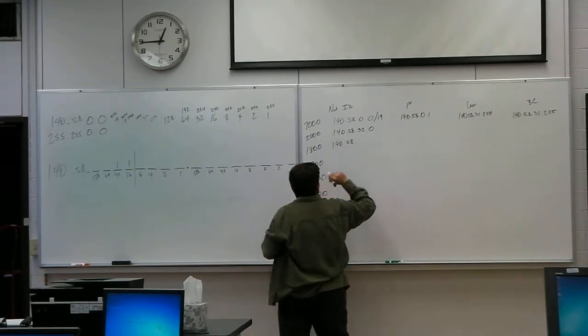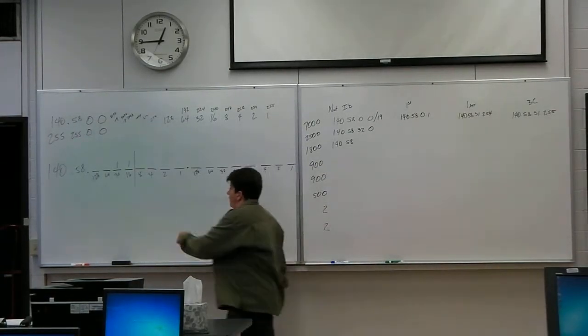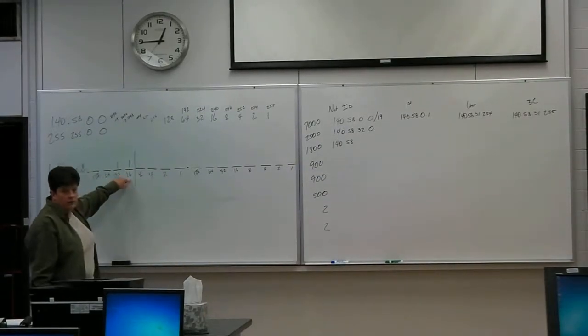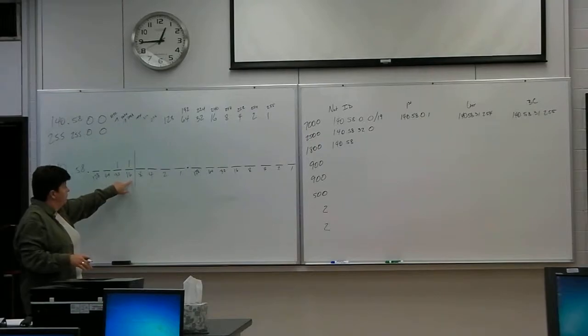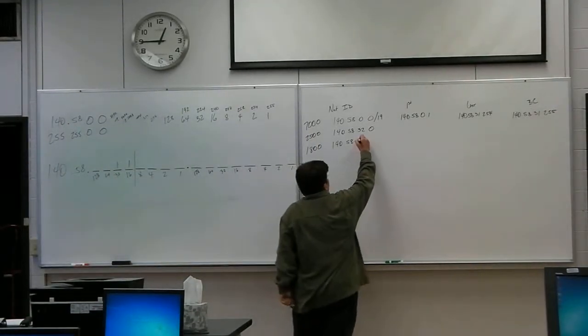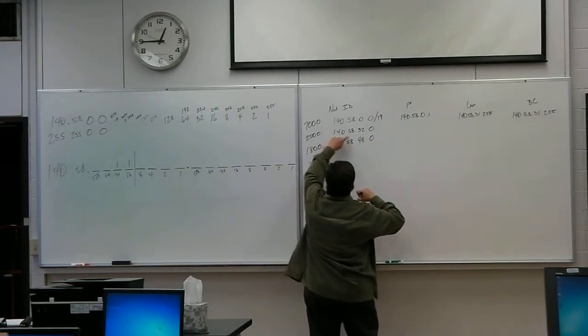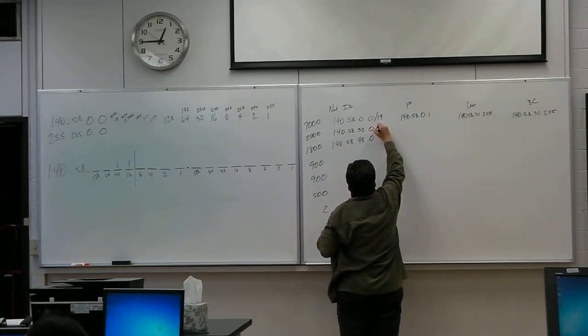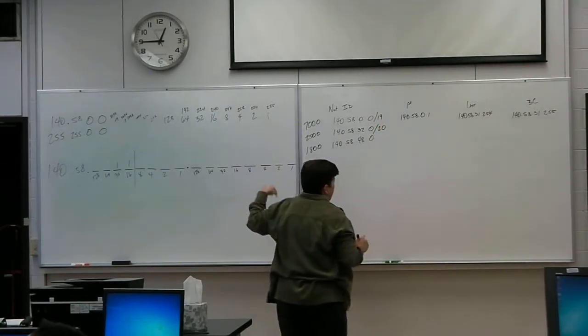Where are we? 32 plus, really, this is my new magic number, right? If we go back to talking like we were doing before. So 32 plus 16, 48. I can go back up here now, and my new subnet mask up here is a /20. I added 1 bit.